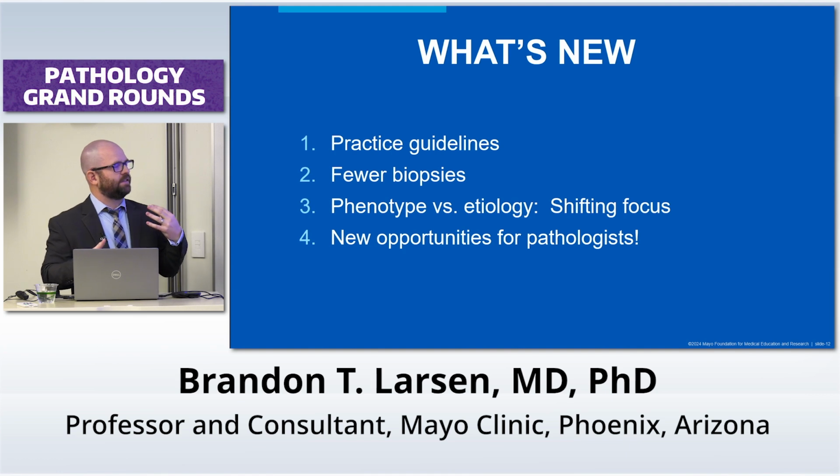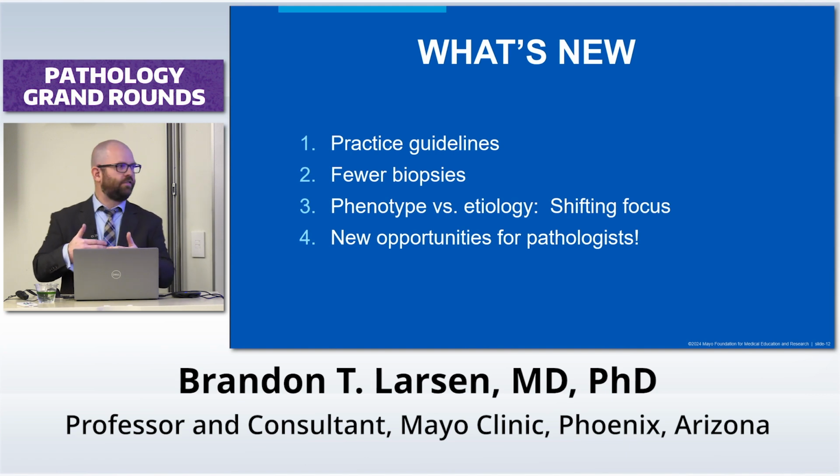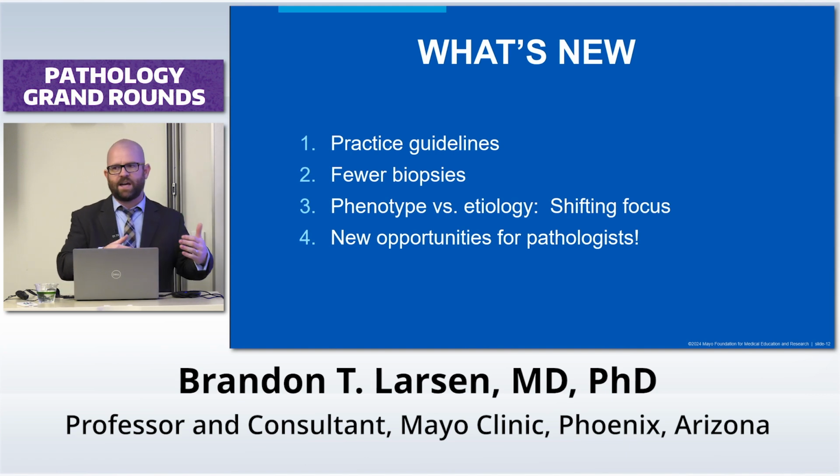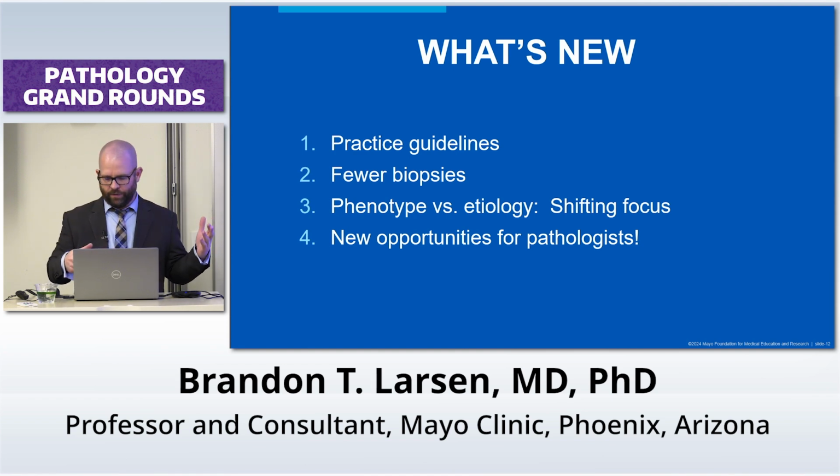And then I'm going to shift into discussing the problem of fewer biopsies, the disappearing lung biopsy and why. And then one of the shifts in the field, a shift between phenotype and etiology and how diseases are classified and treated. And then I'll end the talk today with just a little bit of discussion about what I think are some opportunities for us as pathologists in this shifting field.